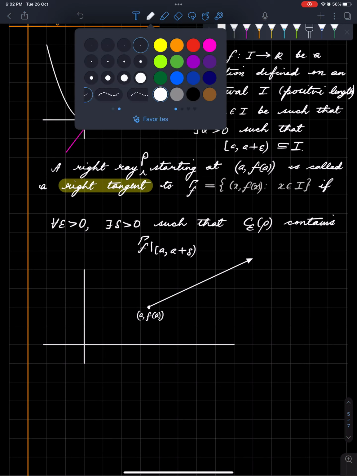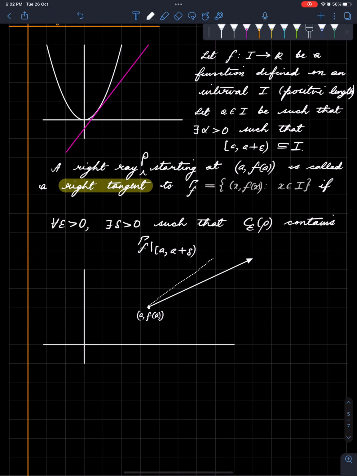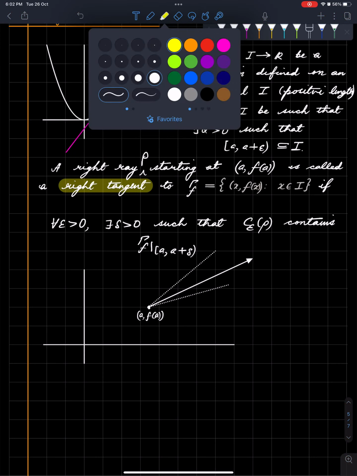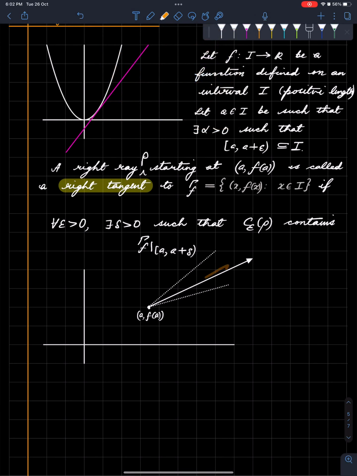So let's make that epsilon cone. Something. And let me also shade it, because I've been shading it all the while. So this part.